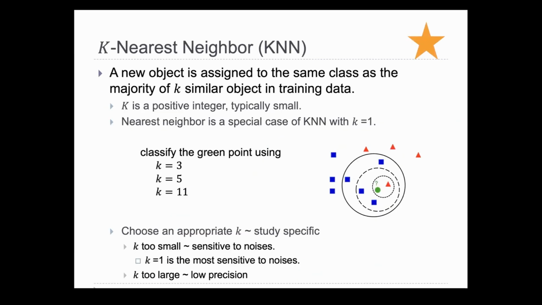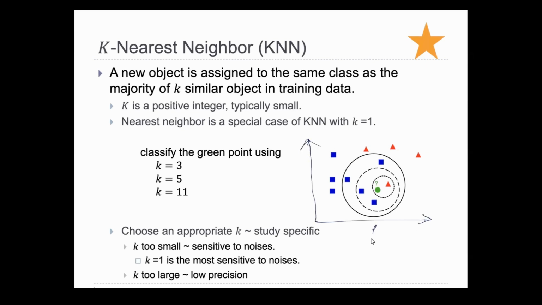Now let's see, how does the value of K affect your classification? In this case, K means how many neighbors we are going to look at, or how many neighbors we are going to consider. In this example, suppose the data points have 2 features.